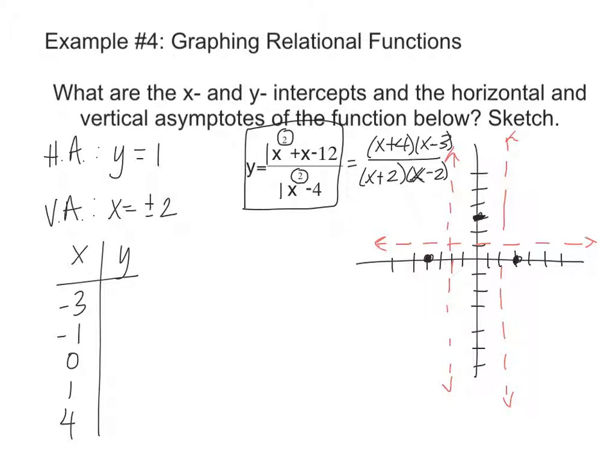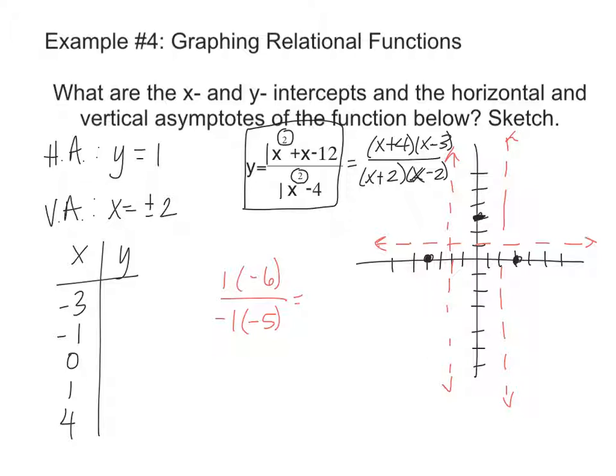Okay? So when I substitute in -3 for x in the factored form, I'll do these one at a time. The first factor, -3 plus 4, would be 1 times -3 minus 3, which is -6. Over -3 plus 2 is -1 times -3 minus 2 is -5.